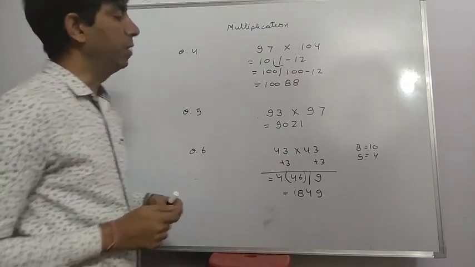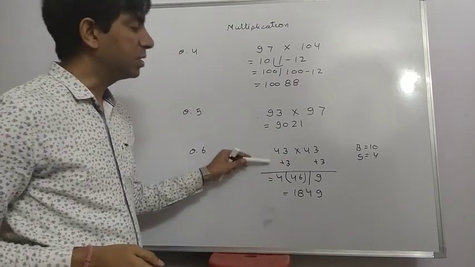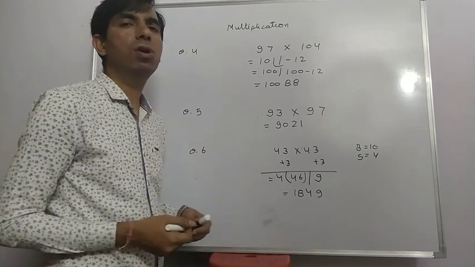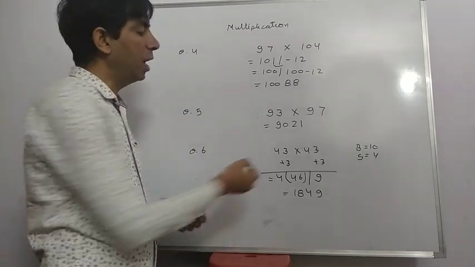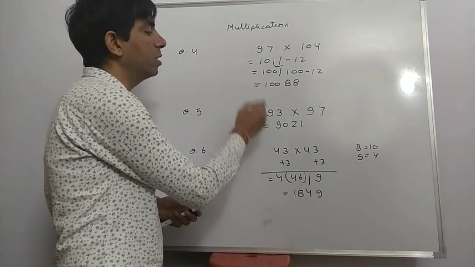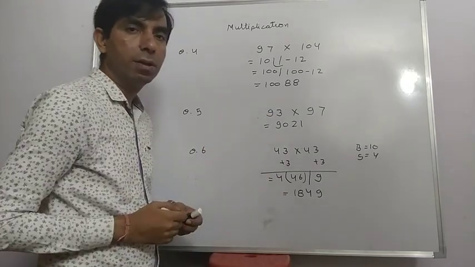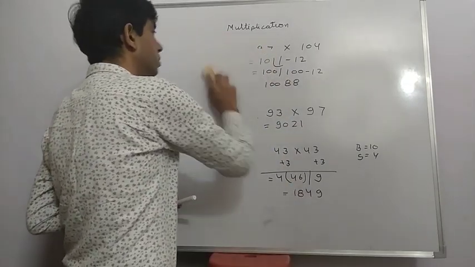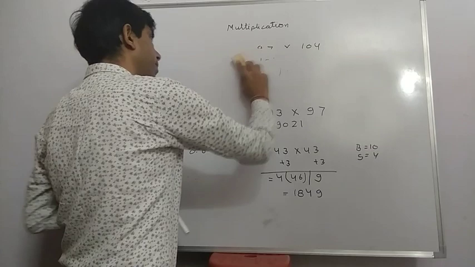In this method, we use some language and some steps. If you practice, then you do not need to write any step. You can calculate directly in this method. So solving the next question.